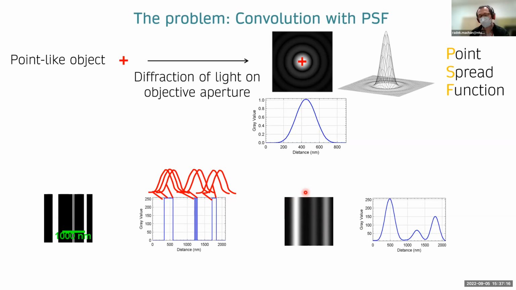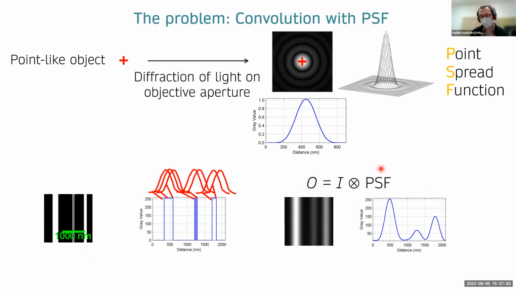Mathematically, this is described by an operation called convolution. So the observed image is the ideal image convolved with the point spread function.